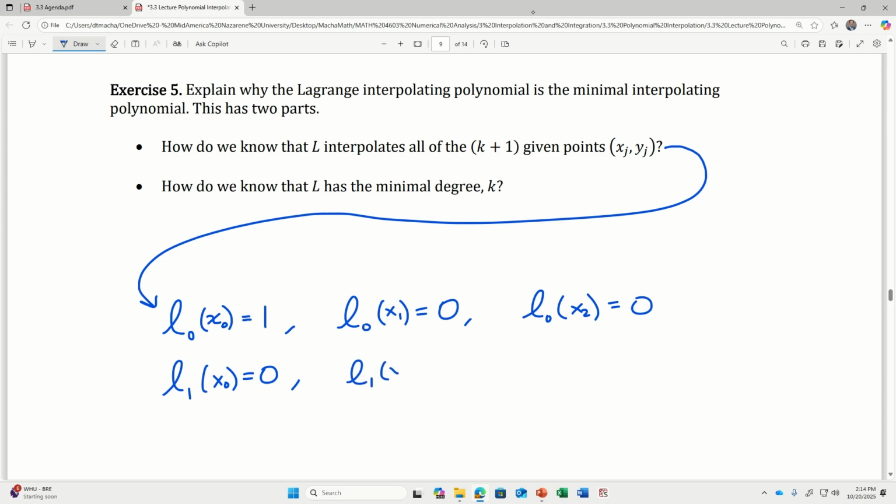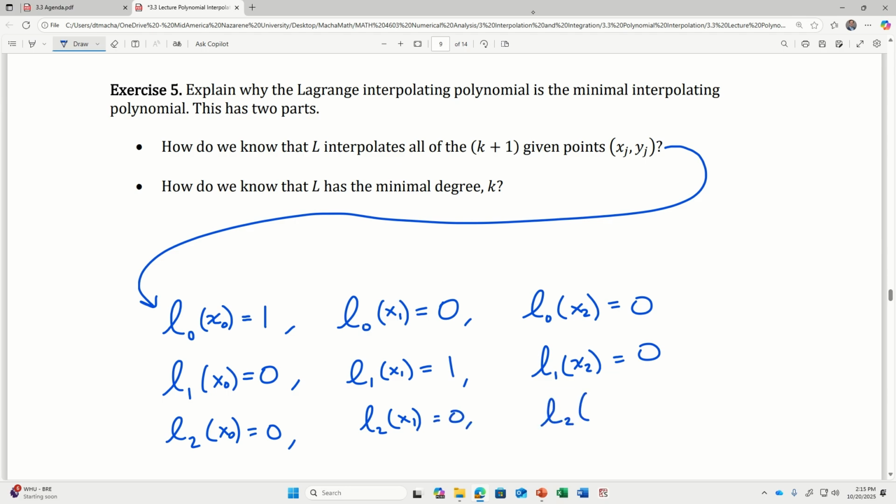If I plug in x1, it's going to give me 1. And if I plug in x2, it's going to give me 0. And likewise, the L2 basis polynomial is only going to give me a 1 if I plug in x2.